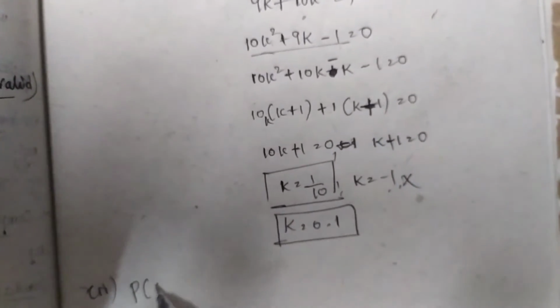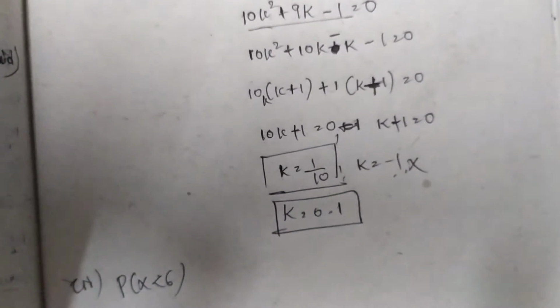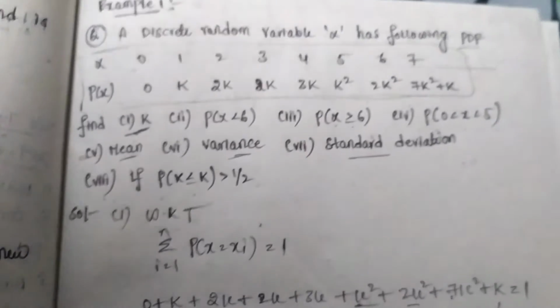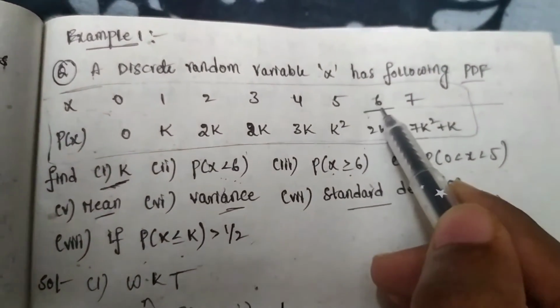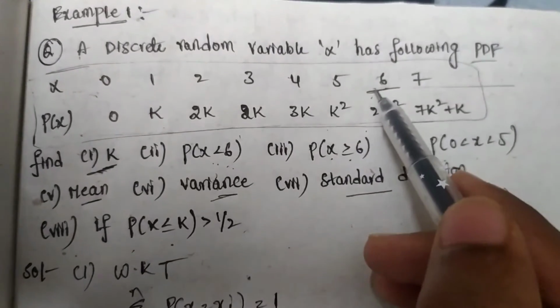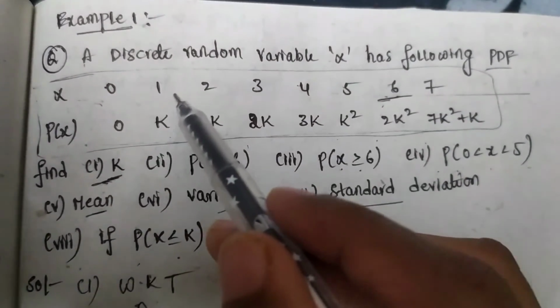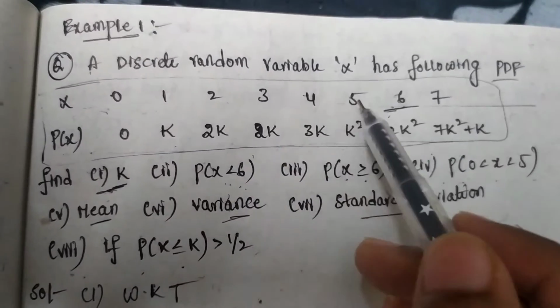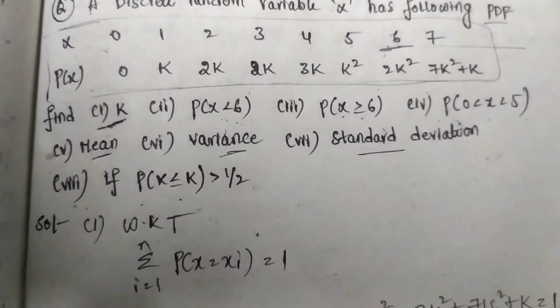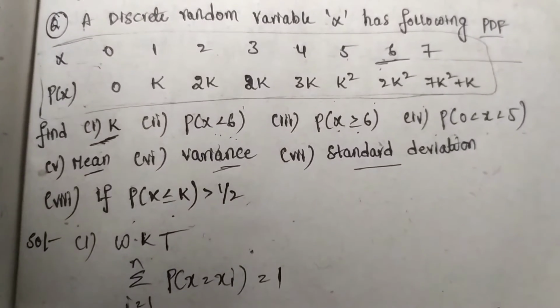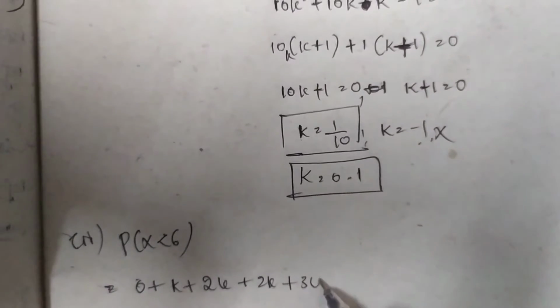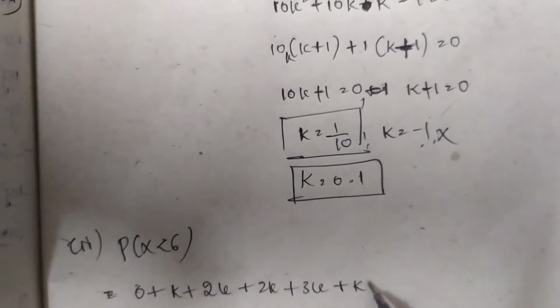Now we have to find p of x less than 6. Here p of x less than 6 means 0 plus 1 plus 2 plus 3 plus 4 plus 5, that is 0 plus k plus 2k plus 2k plus 3k plus k square.